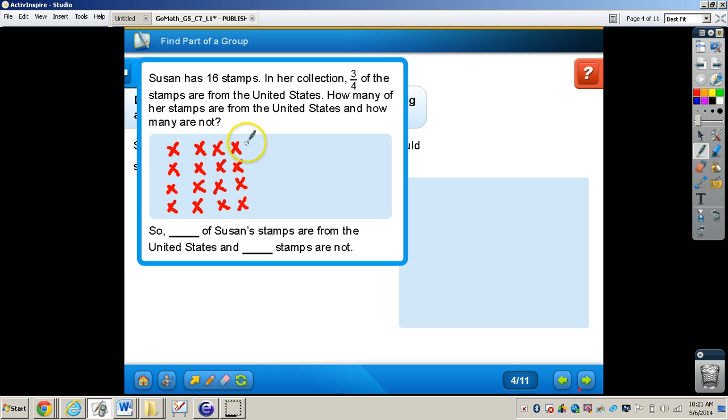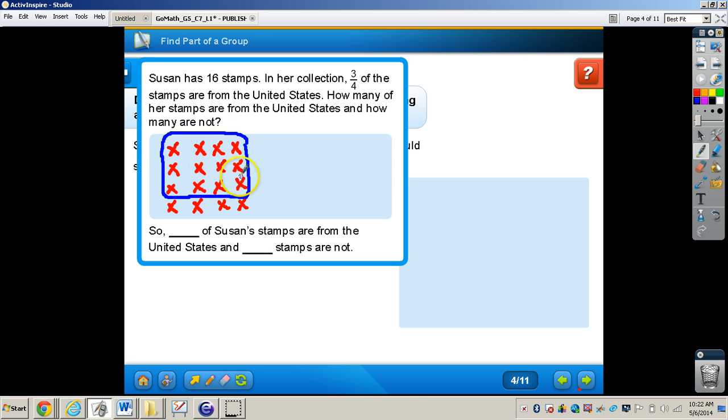So each row actually represents 1/4, because we have 4 equal rows equaling a total of 16. So I have 1 row circled, that's 1/4, 2/4, and 3/4, representing the stamps from the United States.